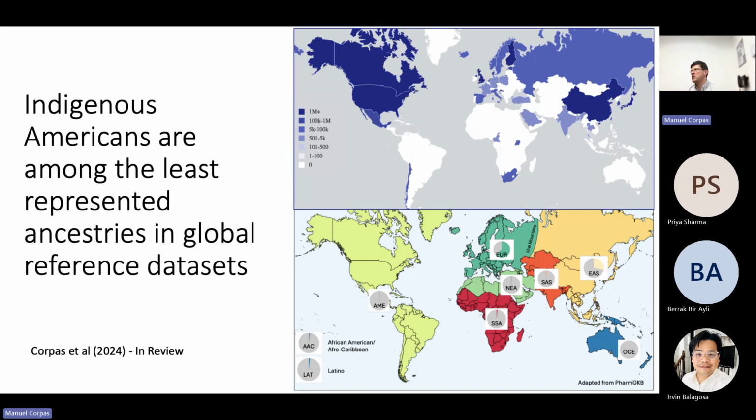So all of the drugs, the 400 odd drugs approved by the FDA, which is the Food and Drug Administration, one of the leading legal entities that approves and regulates the sale of medicines, are mostly being developed for Europeans, okay? And so that's an issue.